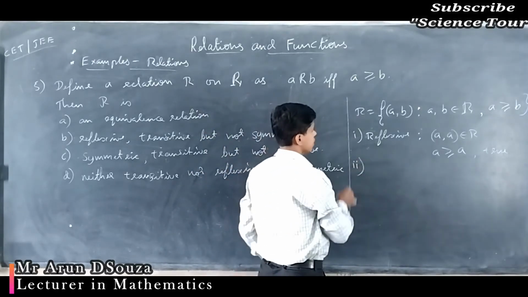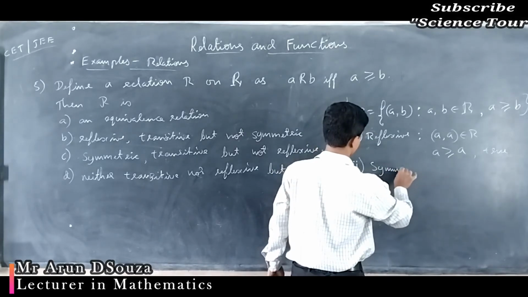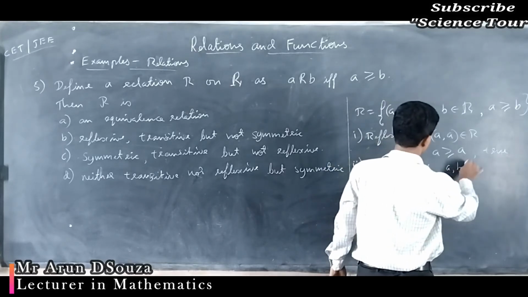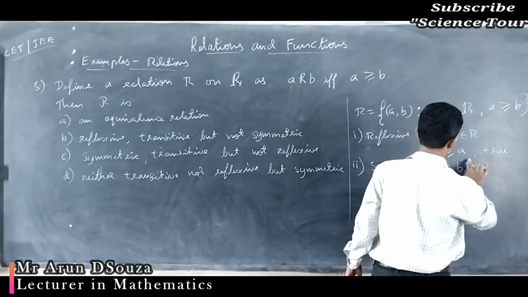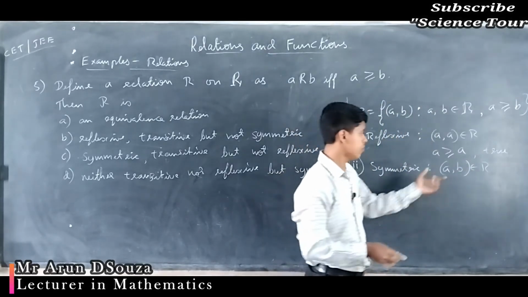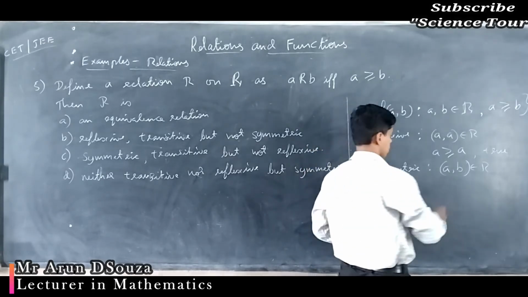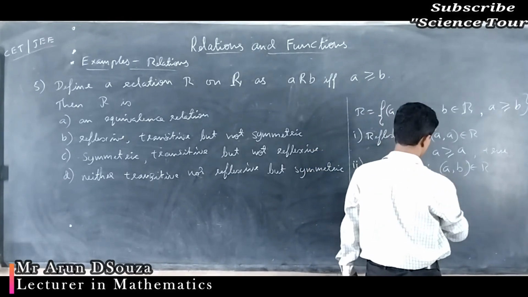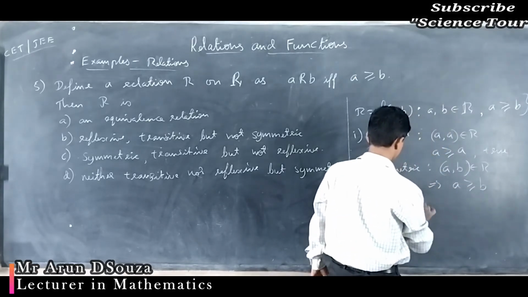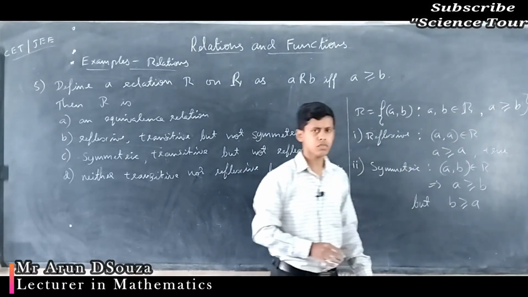Then second, is it symmetric? So for symmetric, we must have A comma B which belongs to R, and there must be B comma A as well. If A comma B belongs, then B comma A must also belong. So when do you say A comma B belongs? If A is greater than or equal to B. Now, do you think B will be greater than or equal to A? Need not be.